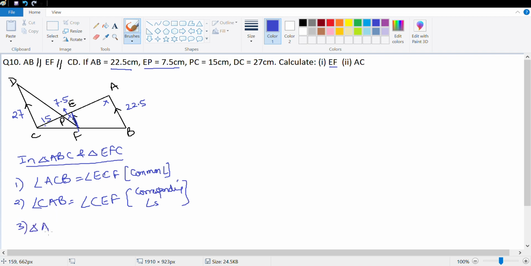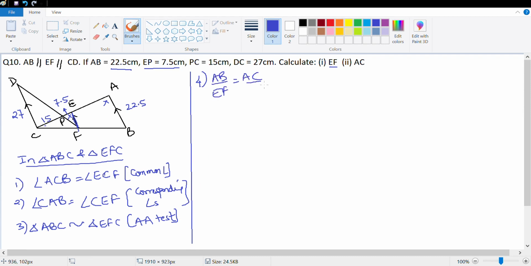So triangle ABC is similar to triangle EFC by AA test, which means I should be able to get the proportion of their sides. Let's just write that down, which means AB upon EF would be equal to AC upon EC, which would be equal to BC upon FC.